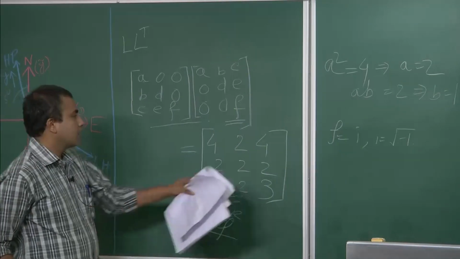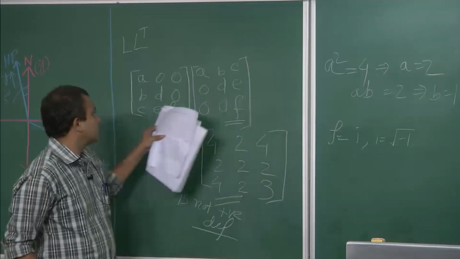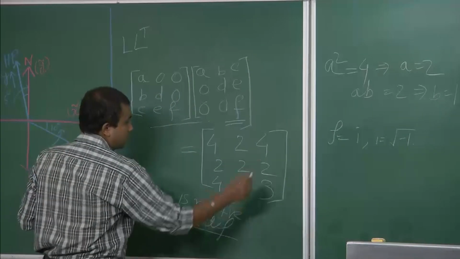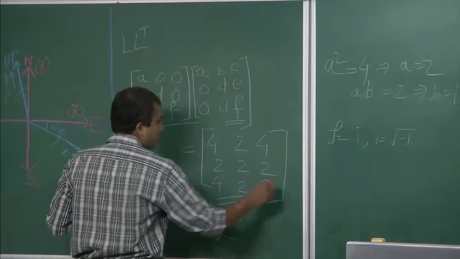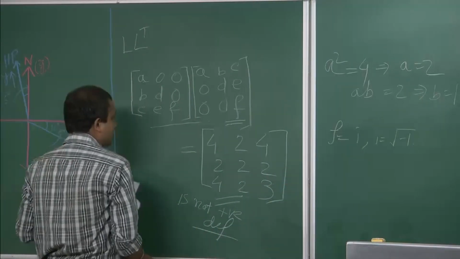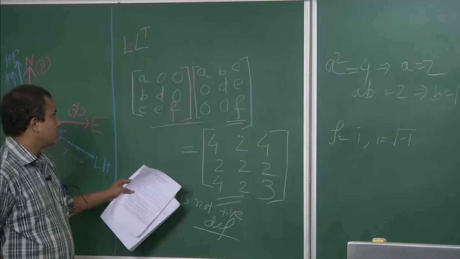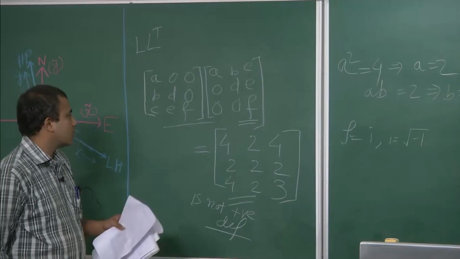If it is a complex number, it cannot be, because in Cholesky decomposition we are expecting real numbers. Because of that it is not positive definite. So, that is how you should find it, and you should find it at the end. That will comprise the complete solution of the problem.